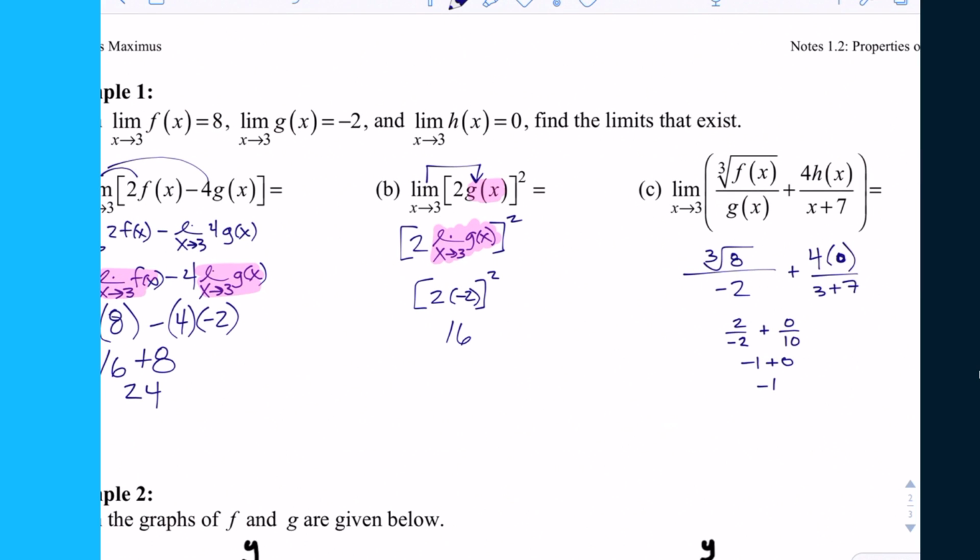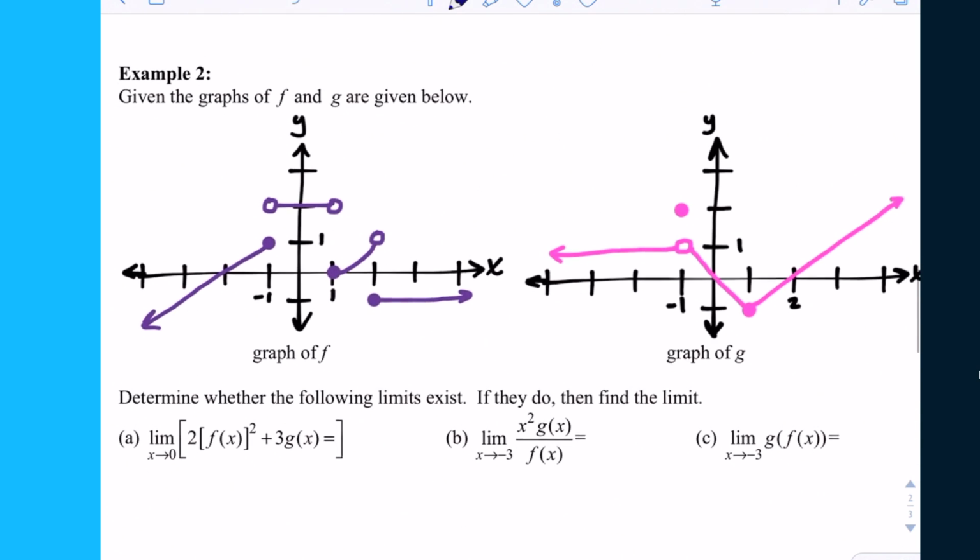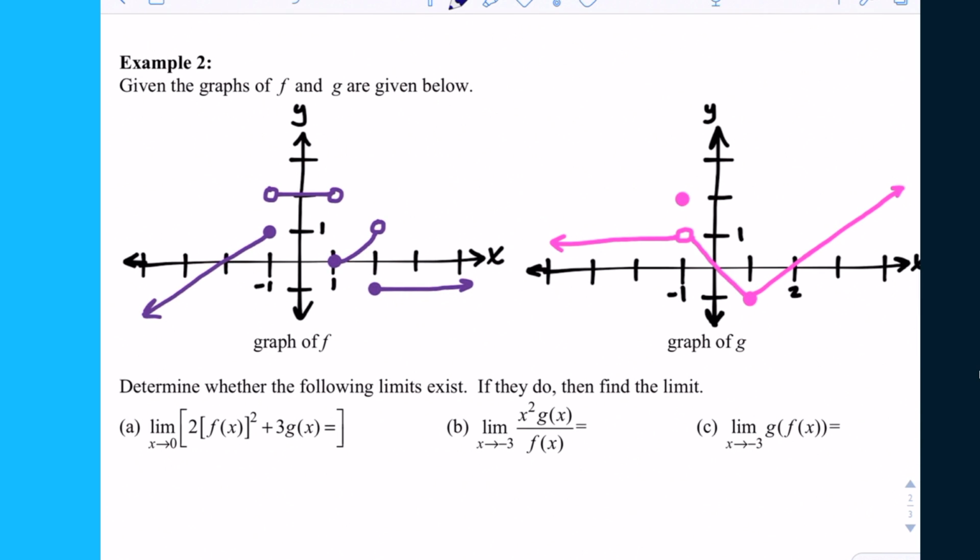Now, this type of question, you're very limited because I can only approach 3 and I only have 3 functions. Here's kind of another way to ask a very similar question that gives you a little bit more flexibility and makes it slightly more interesting. I only have 2 functions here instead of 3, but I have a lot more x values. And you now are going to be pulling your own values off the graphs to answer these questions.